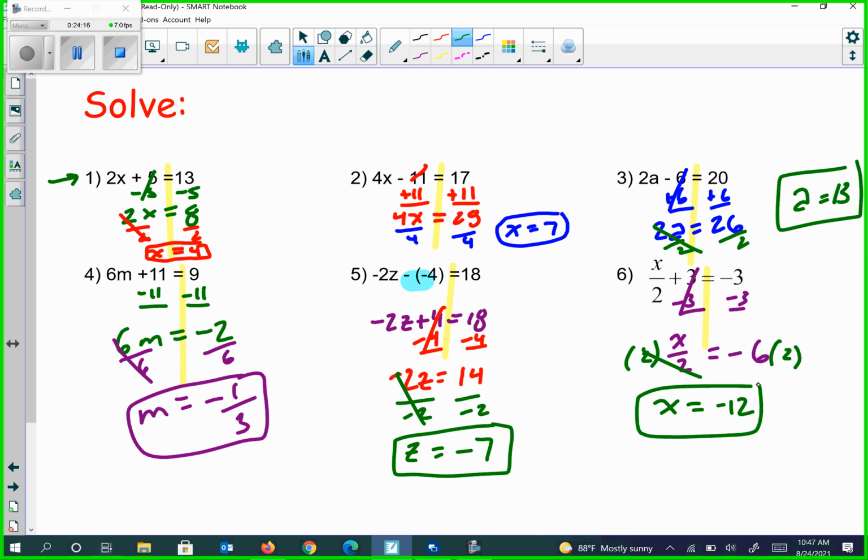So if I take any of those answers and plug it back into the problem that they're representing, I would wind up getting a true statement. So if I plugged 4 in on number 1 for the x, I would wind up getting 13 equals 13. Well, that's a true statement. If I plug 7 in on the next one, I'd wind up getting 17 equals 17. If I plug 13 into the third one, I'd get 20 equals 20, so on and so forth.